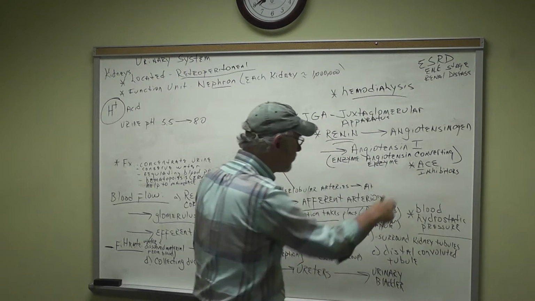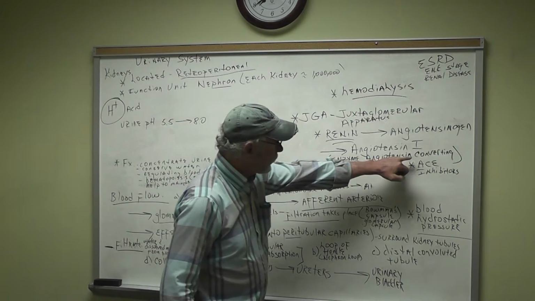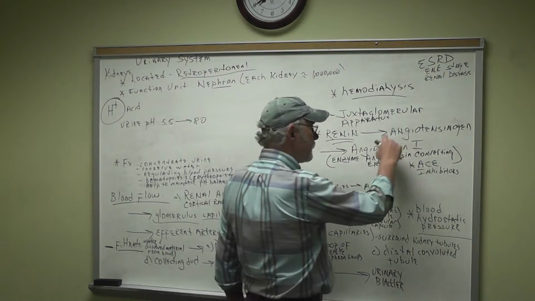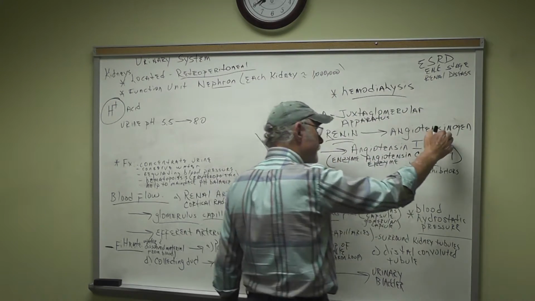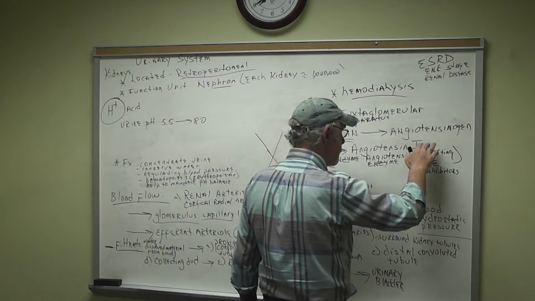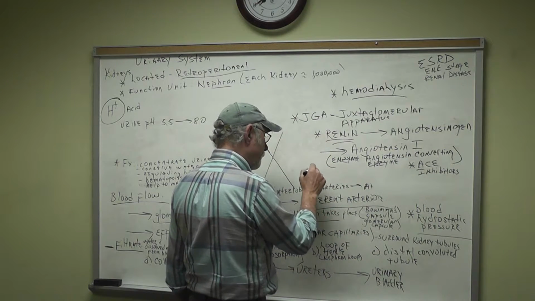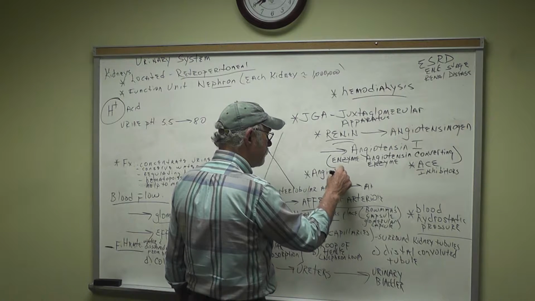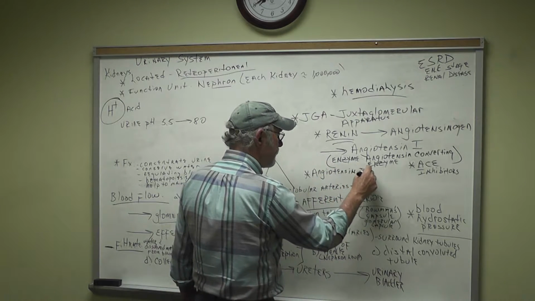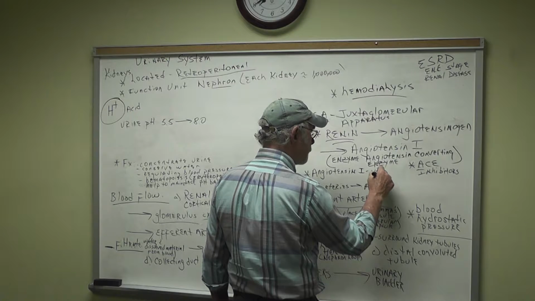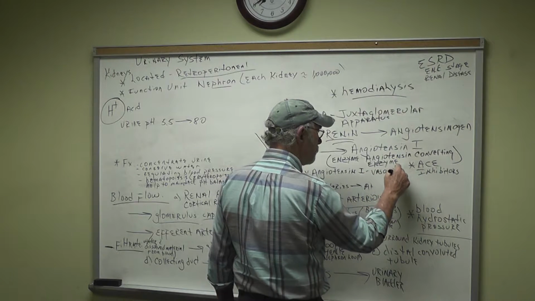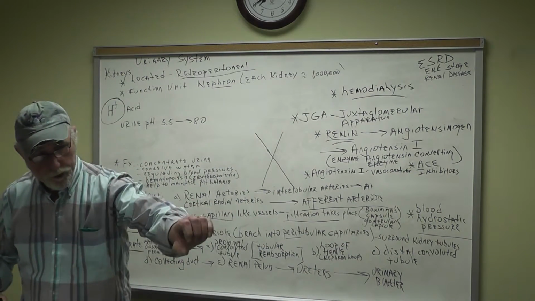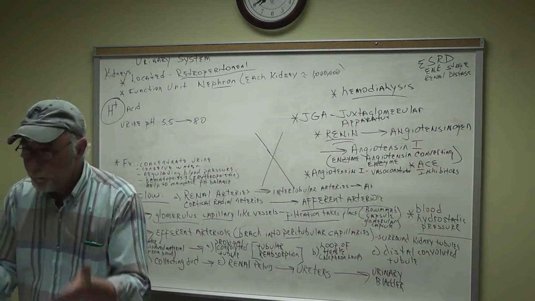And that ACE is angiotensin converting enzyme. And among other things, angiotensin I is a very powerful vasoconstrictor. In other words, it squeezes down blood vessels to bring up pressure.